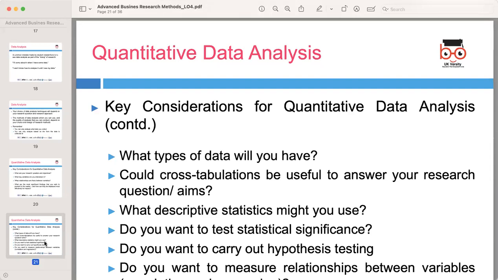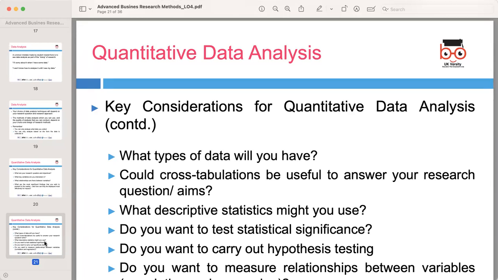Cross-tabulations, also known as contingency tables, can be valuable for answering research questions or achieving research aims. They involve analyzing the relationship between two or more categorical variables. Then descriptive statistics.